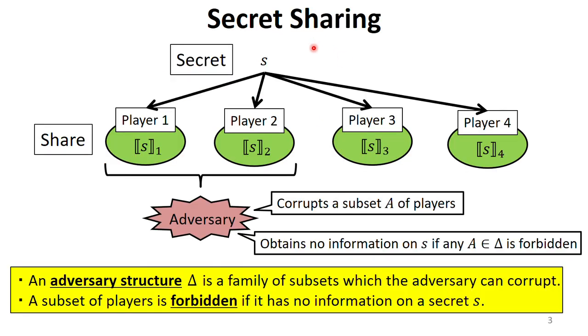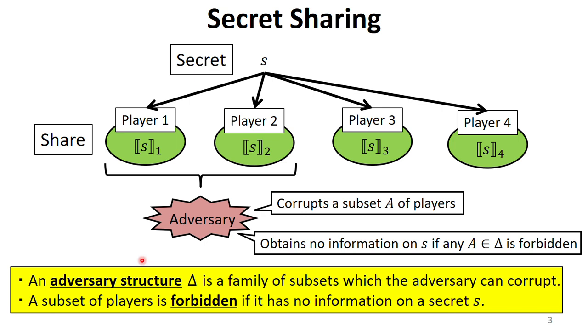In a secret sharing scheme, some secret information S is divided into several shares, and each share is distributed to one player. And we assume an adversary can corrupt a subset of players, and we define an adversary structure delta as a family of such subsets the adversary can corrupt.